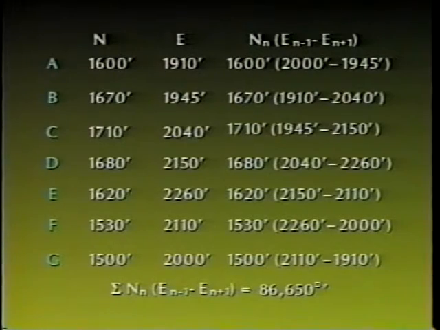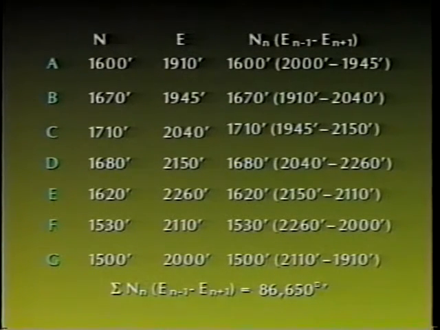So that becomes n sub A times the quantity E sub G minus E sub B. Or the northing of A, 1,600, times the quantity, the easting of G, 2,000, minus the easting of B, 1945, is a plus 55. A plus 1,600 times a plus 55 equals a plus 88,000 square feet. Put this in the plus column.